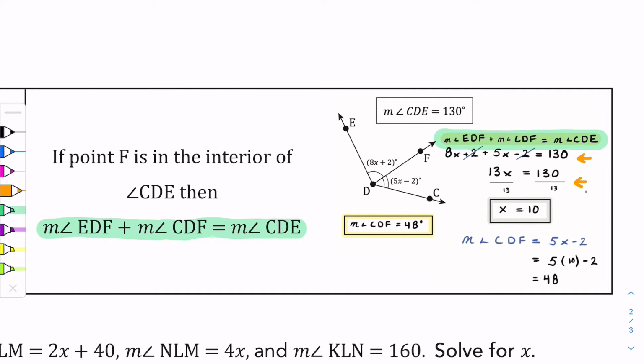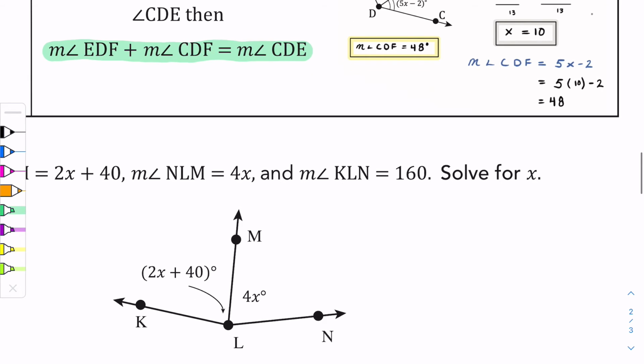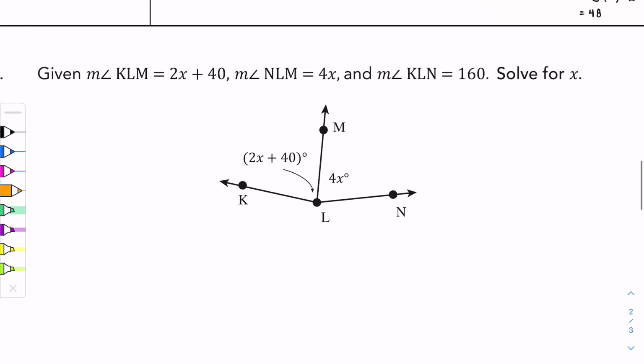In the next example, we're going to be doing the same thing as this, but we are going to be justifying each step. Okay, so it's given to us that the measure of KLM is 2x plus 40. That's this angle here.